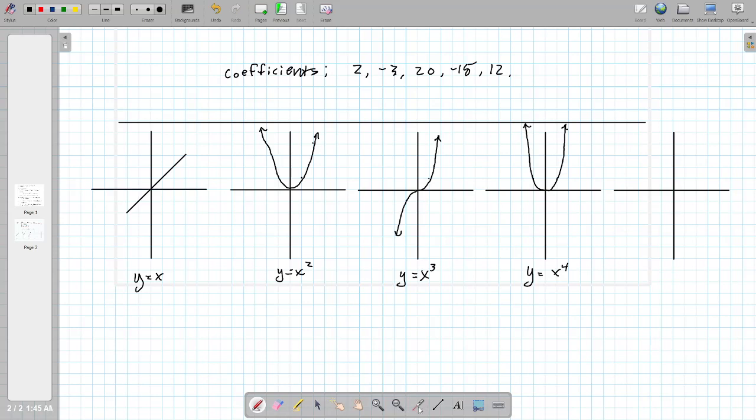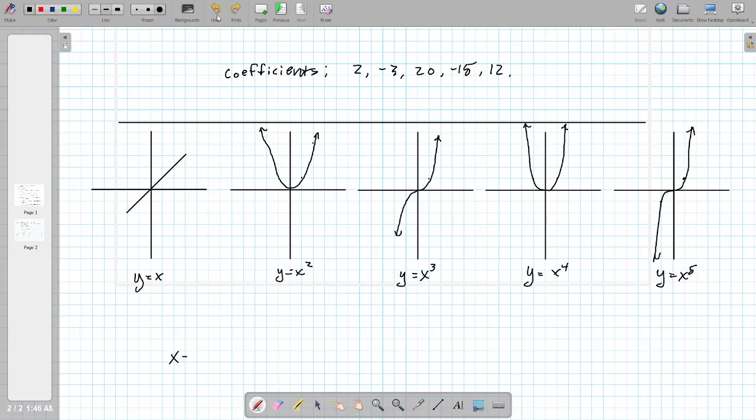Y equals x to the 4th, as I've stated before, should be a lot flatter here. Notice that the x squared curve is a lot rounder than the x to the 4th. This is a lot flatter between -1 and 1. Same idea with x to the 3rd and the next one I'm going to graph, which is y equals x to the 5th.